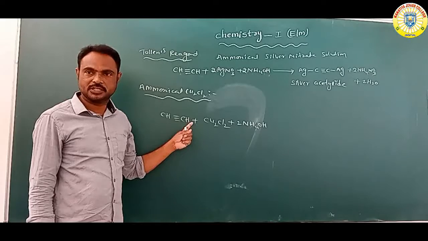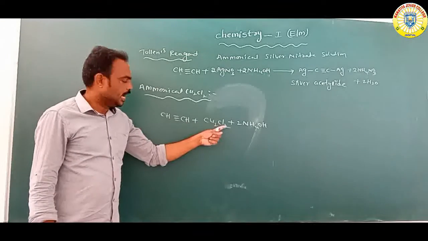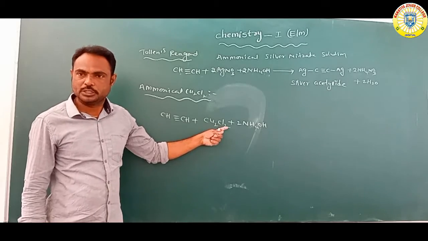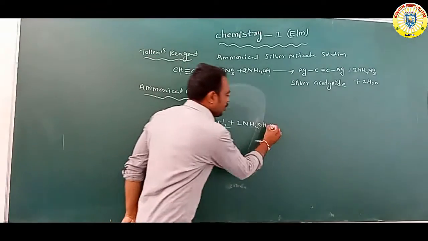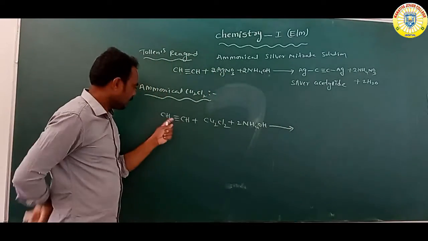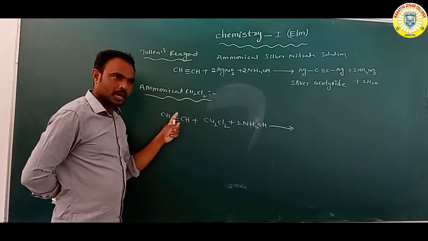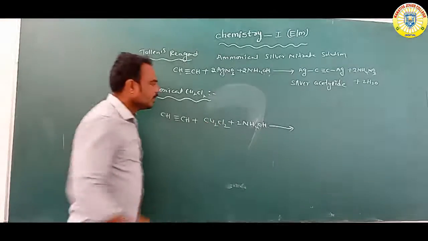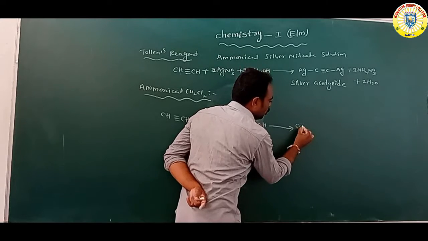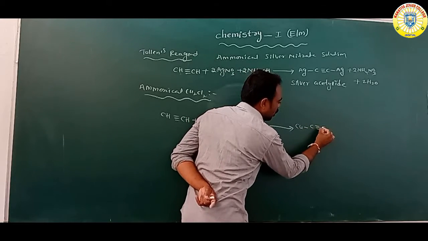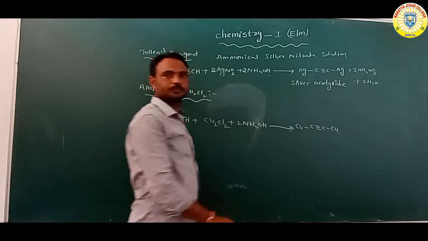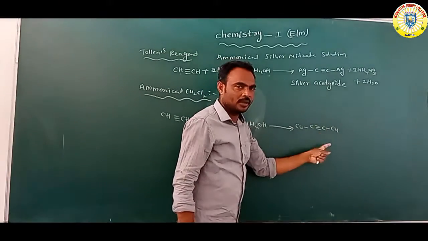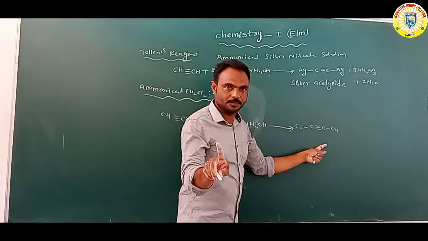When CH triple bond CH reacts with the ammoniacal cuprous chloride solution, there is loss of hydrogen and addition of copper. So Cu bond carbon triple bond carbon bond Cu. It is copper acetylide.